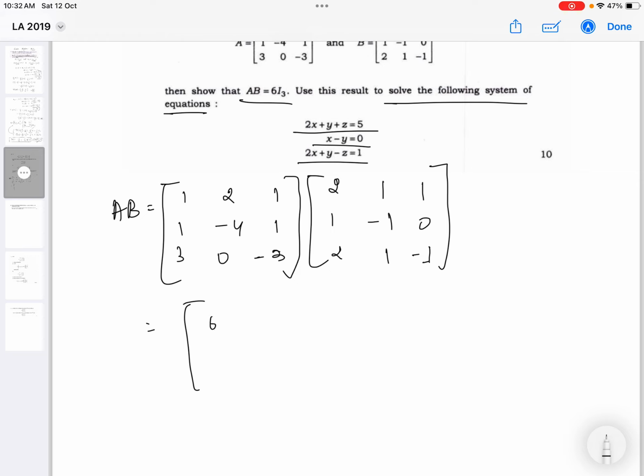1 minus 2 is what? Minus 1, 1, 0. 1 0 0. इसका करें 2 minus 4 2 0, 1 minus 4 6, 6 minus 3. इसको कर रहे हैं तो 1 4 6 6 6 7 if I'm not wrong.